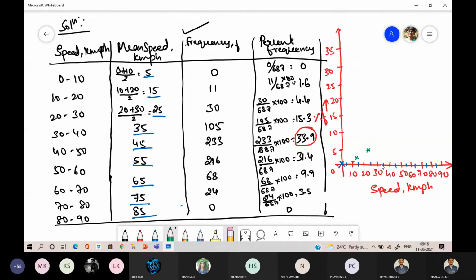Then for 35, we will be having the percentage frequency as 15. So it will be here. Then for 45, it will be 33.9 or 34. So it will be approximately here. Then for 55, 31.4. So we will be getting here.